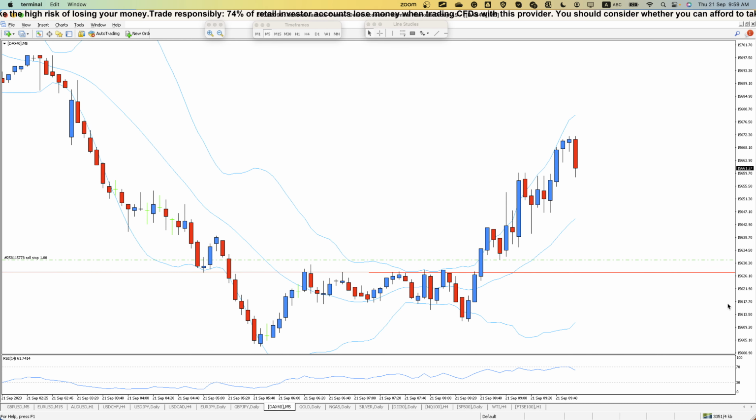Exactly at that area we had an inside resistance on the pound on the 15-minute chart. So that made it a good trade. 1 minute for the London Open, guys.